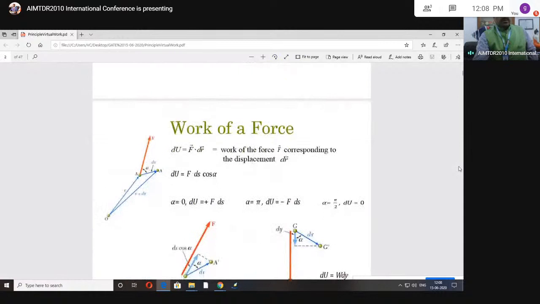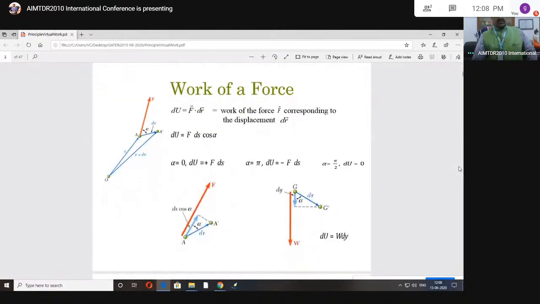So now let us consider here the work of a force corresponding to displacement, torque at any angle, ds cos alpha. If both are in the same direction, it is positive. If both are in opposite directions, negative, depending upon what angle we are at.